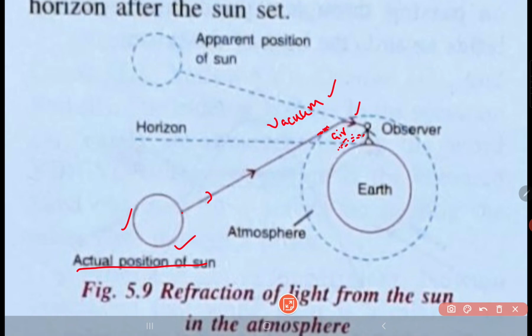Here it bends a little bit downwards. When I produce this backwards, the sun appears to be above the horizon. This is the apparent position of the sun. So if the observer is here, he or she will see the sun here rather than here because of the refraction of light. I hope this is clear.